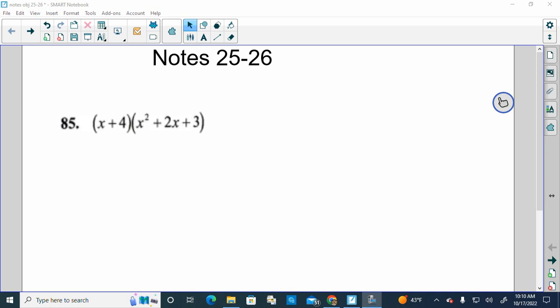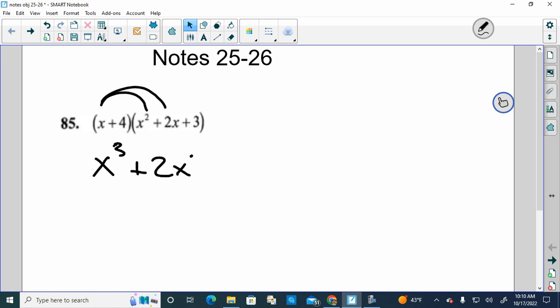Okay, so starting with the first one being distributed. I'm distributing the x to the x squared, so we add, just like we've been doing. So x to the third. Then we distribute again, so that would be positive 2x squared. And then distribute the last one, so positive 3x.